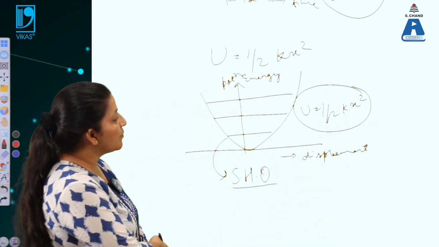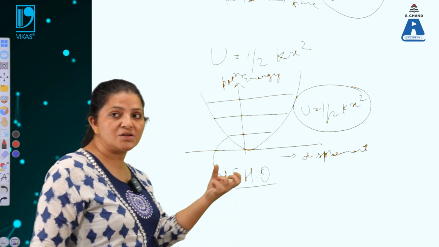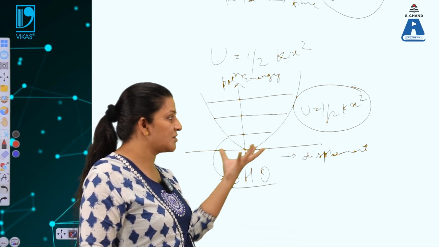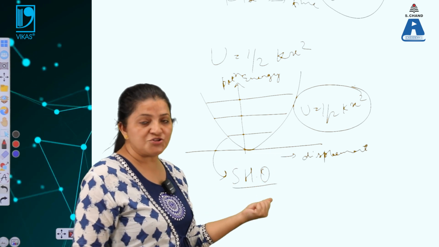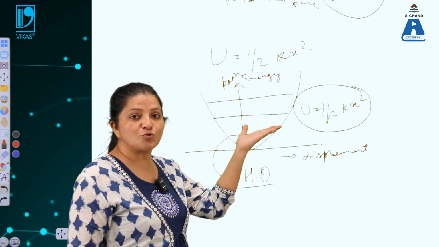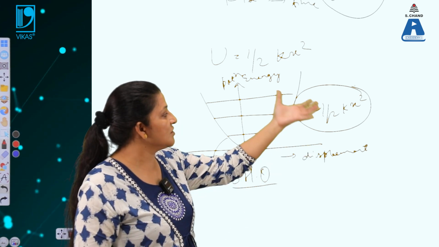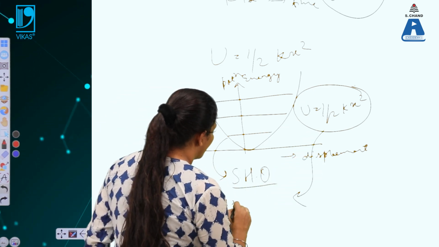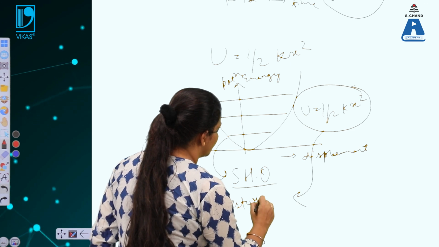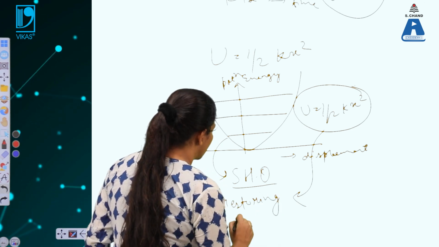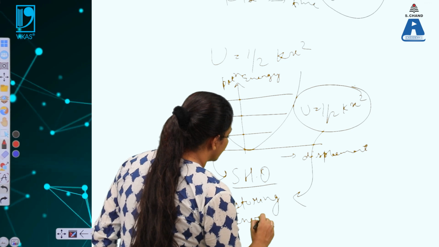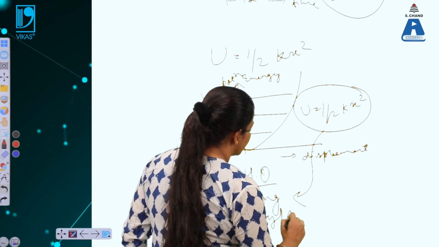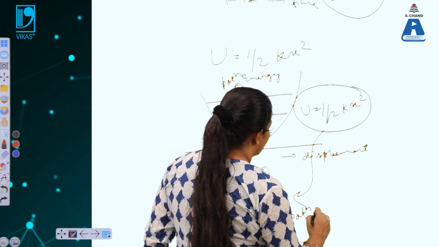That means when the body restores to its mean position or original position, the energy is restored inside the body. So this potential energy is also known as the restoring energy.